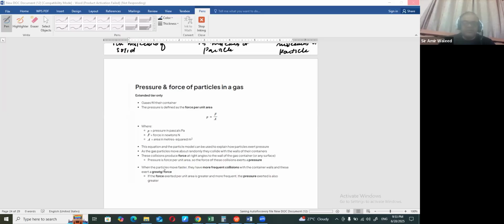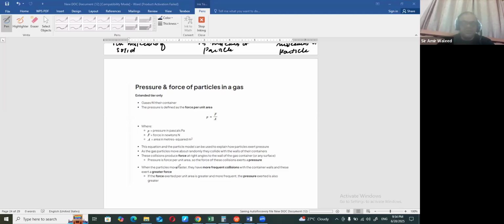It says that when the particles move faster, they have more frequent collisions with the container walls, and these exert a greater force. So basically, if the number of collisions is more, the force will be more.